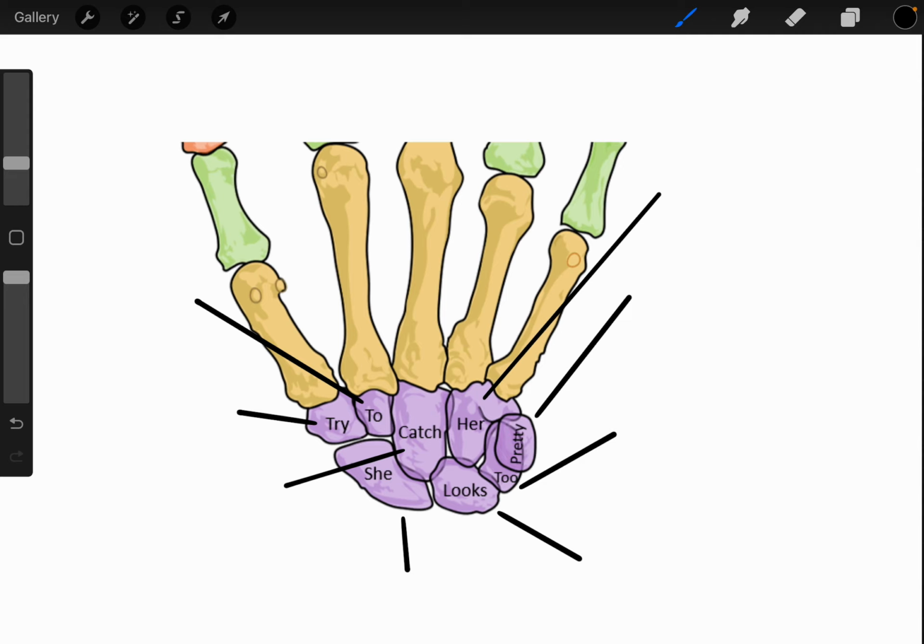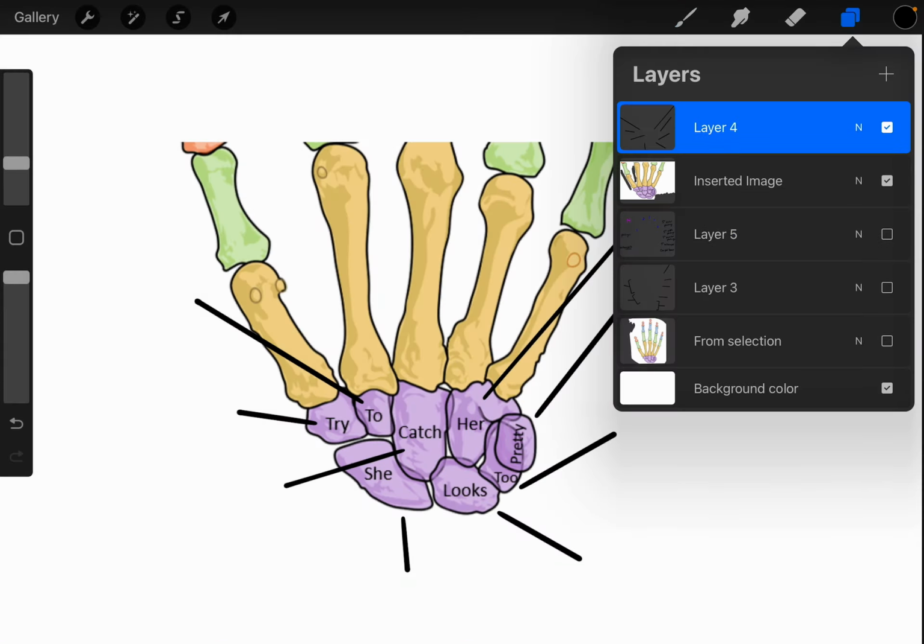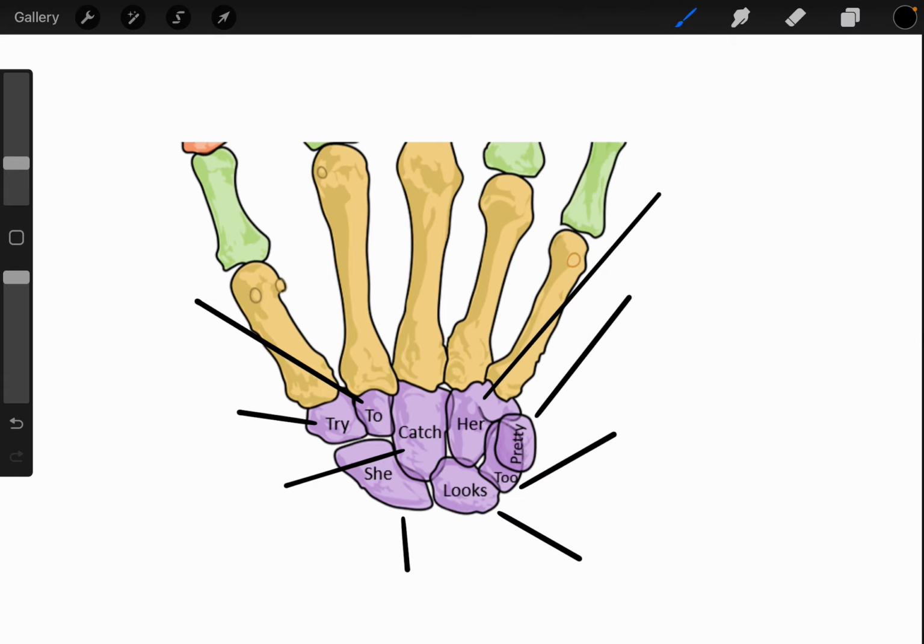I'm going to start with the one with the H. That's going to be the hamate. The one with the P, which is the smaller one, and we're always going to link it to something else, which we'll discuss in a minute, is called the pisiform.